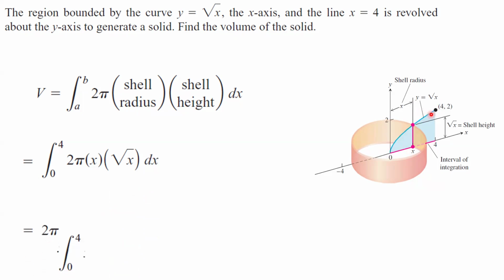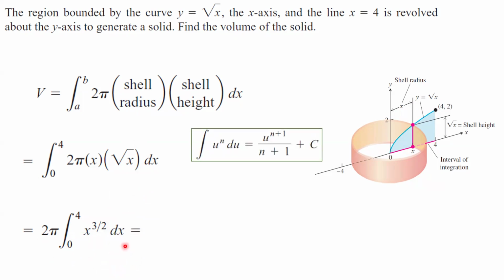This is equal to 2 pi, the definite integral of x to the first power times x to the one half, which gives you x to the 3/2, dx. Following the formula for the integral of u to the n du, which is u to the power n plus 1 divided by n plus 1 plus a constant of integration, we're applying the same thing here. n in this case is 3/2.